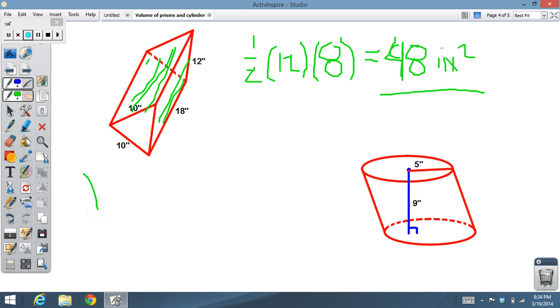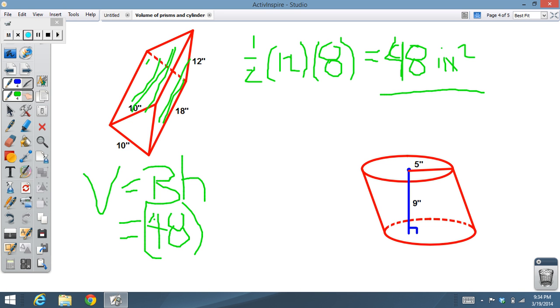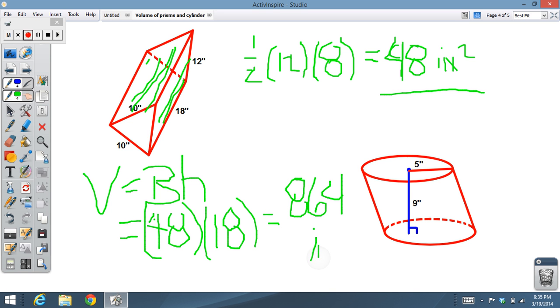Once again, volume equals base times height, which is 48 with a height of 18. So the volume of that guy, grab the calculator, 48 times 18, is 864 cubic inches. Cool?